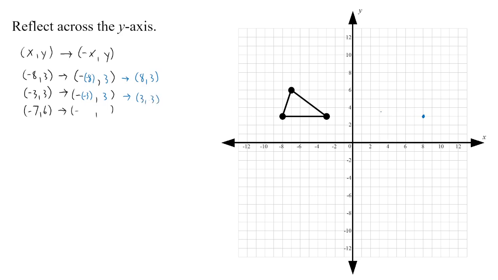We're going to plot that. We have -7 and 6, which will become +7 and 6. And we're going to plot that. Draw your sides. And there you have it, a reflection across the y-axis.